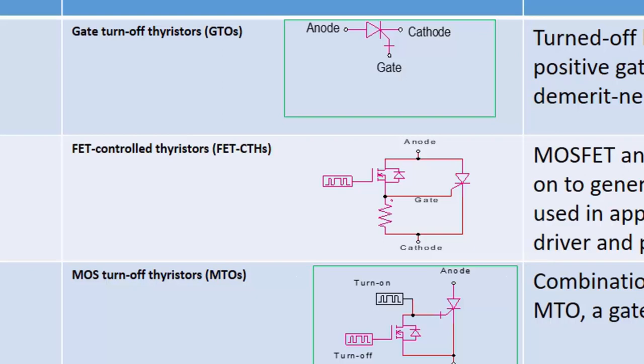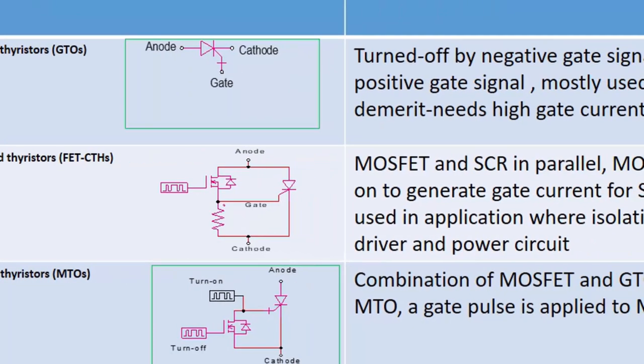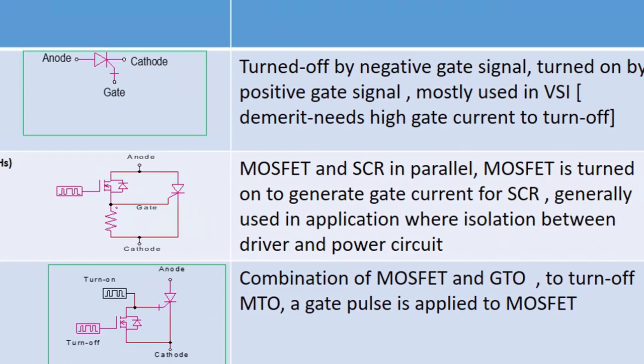To obtain this minimum gate to cathode voltage, a MOSFET is used across the circuit. So first the MOSFET is turned on, then voltage will develop across the resistance, and that voltage will supply positive current to the thyristor, and the thyristor will be on. Now one of the advantages of the MOSFET, we know that its internal impedance is very high. So this circuit can be used for isolation between the driver and power circuit.